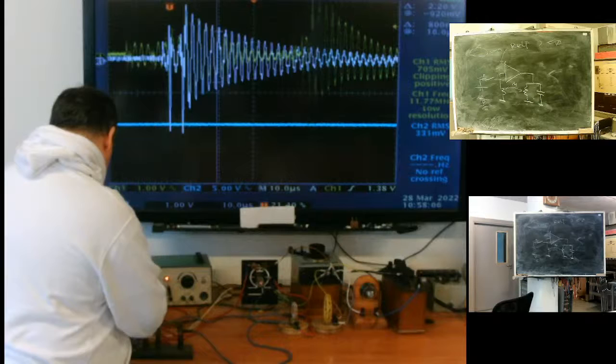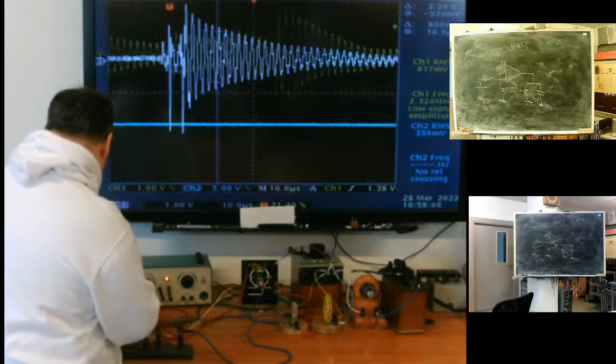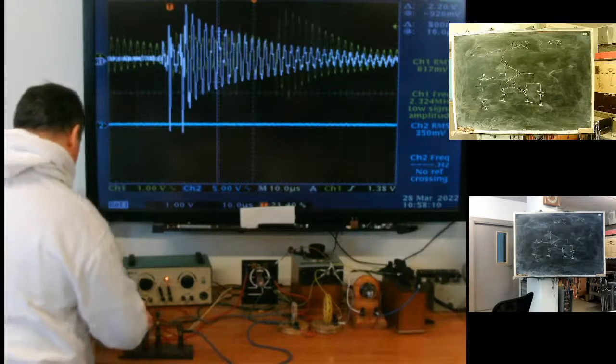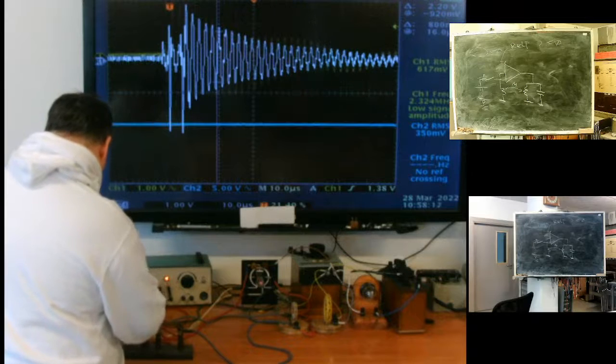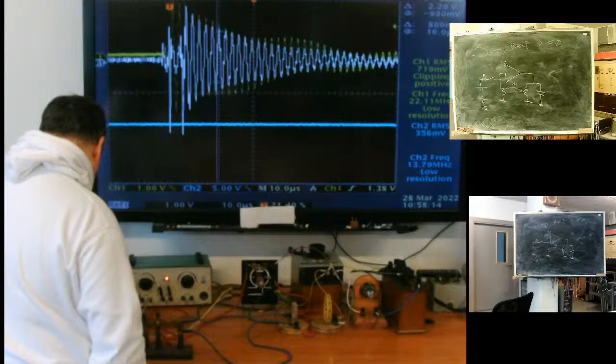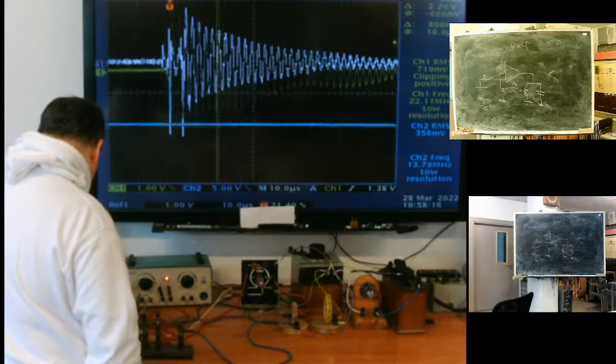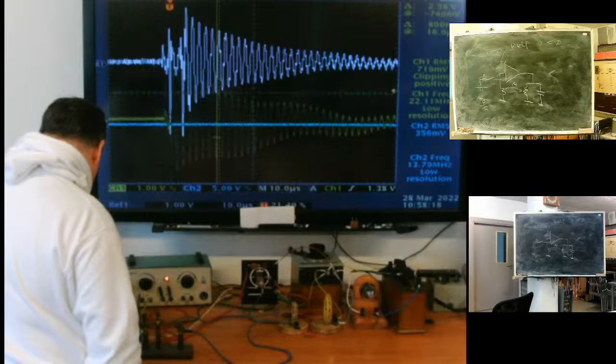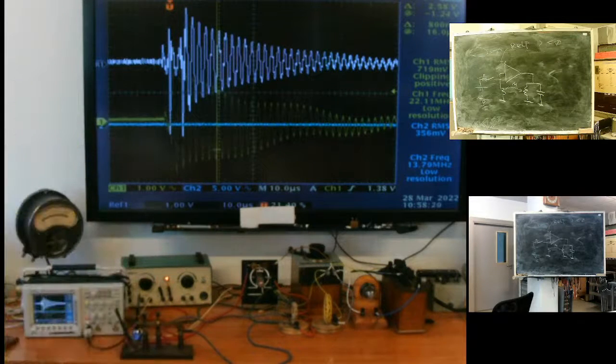No, this one is not the best. Like so. We can see it's decayed a bit faster.